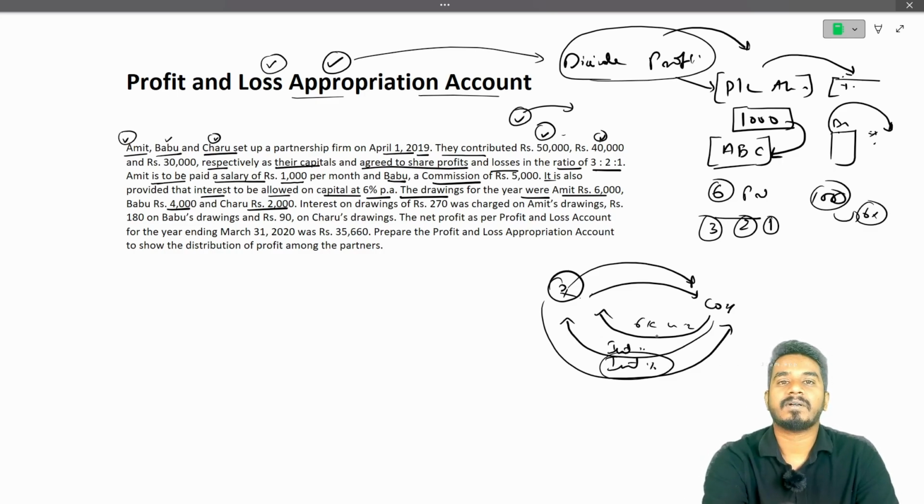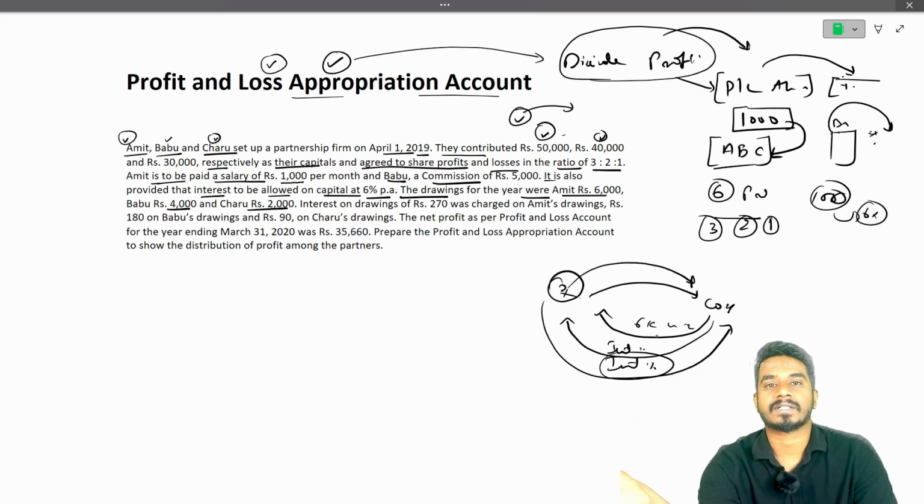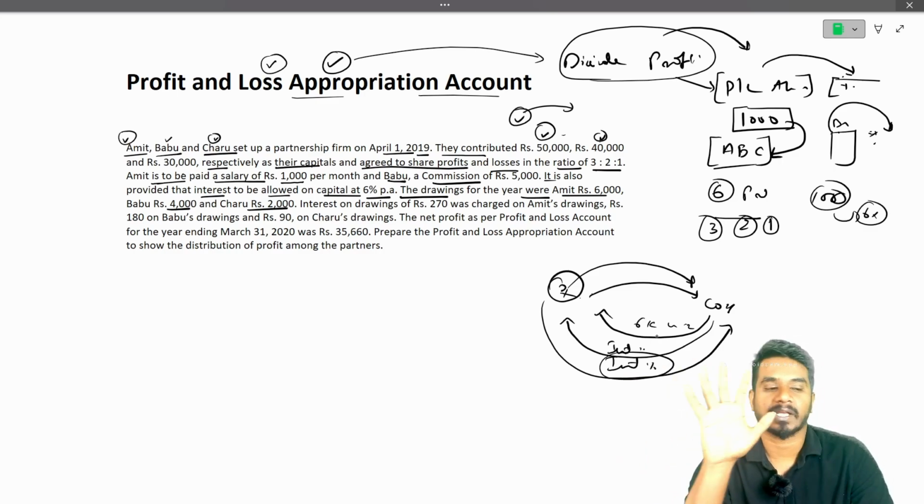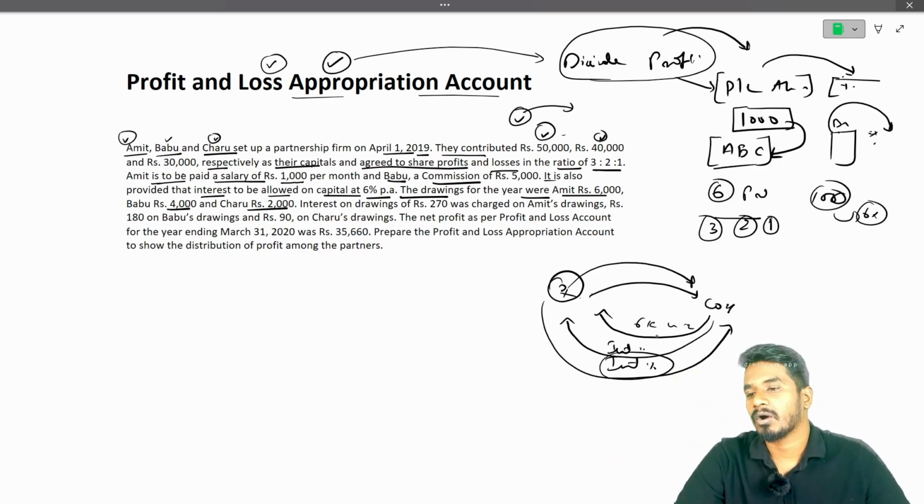If you invest in the firm, it will give you interest. If you take out of the firm, you need to pay to the firm, right? So this is how it works. Fine. Interest on drawings, whatever partner needs to pay to the firm, that is 270 rupees by Amit and 180 rupees by Babu and 90 rupees by Charu's drawing.